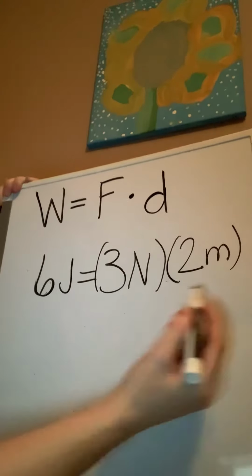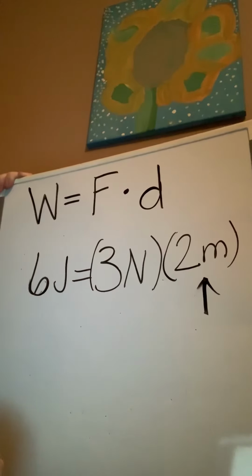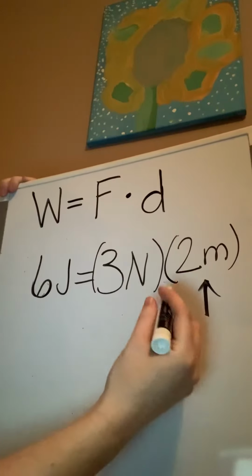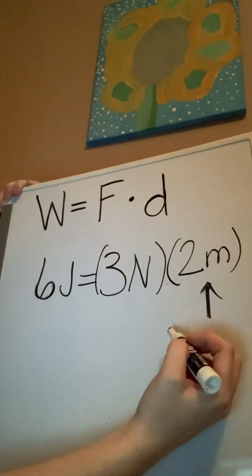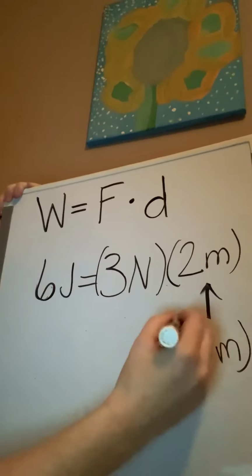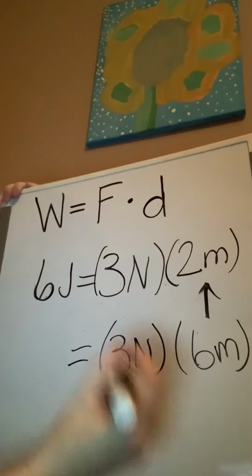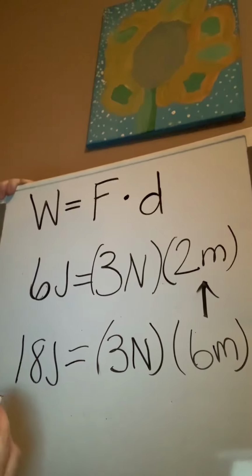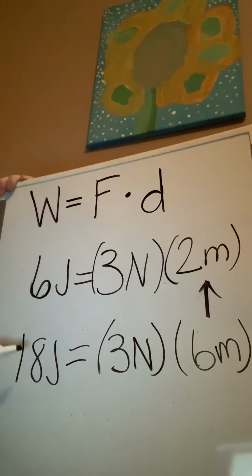This problem wants to know if you triple the distance, so if you multiply this number by 3, what is it going to do to work? If we multiply 2 by 3, that's going to give us 6 meters. Force stays the same. 3 times 6 is going to be 18 joules of work. So what did we just do to our work? We tripled the work being done.